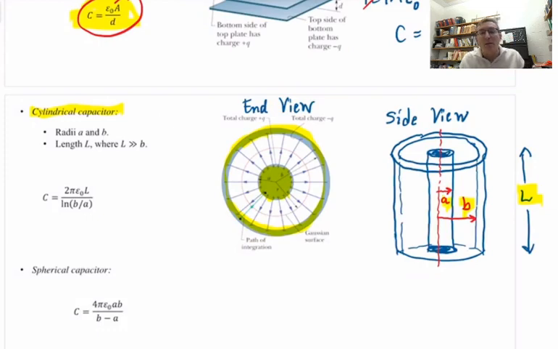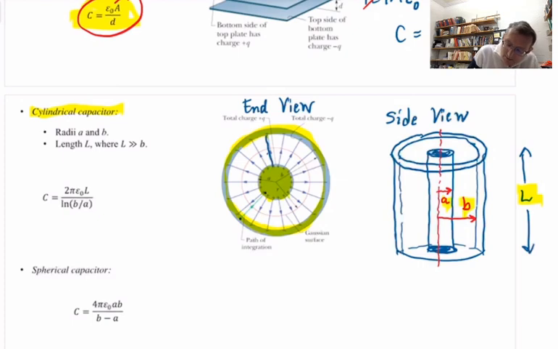Okay. And now you want to calculate the capacitance. I'm just going to talk you through this one. So we assume there's plus charge on the surface of the inner cylinder, plus Q, and negative charge on the surface of the shell that's facing the inner part, so that we get a nice radial electric field with electric field lines radiating outward from the inner conductor to the outer one, like this.